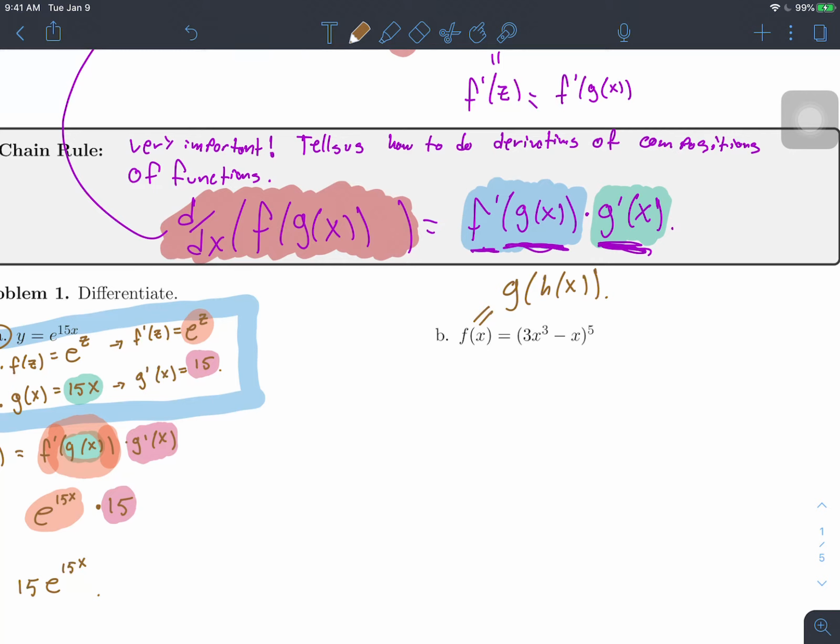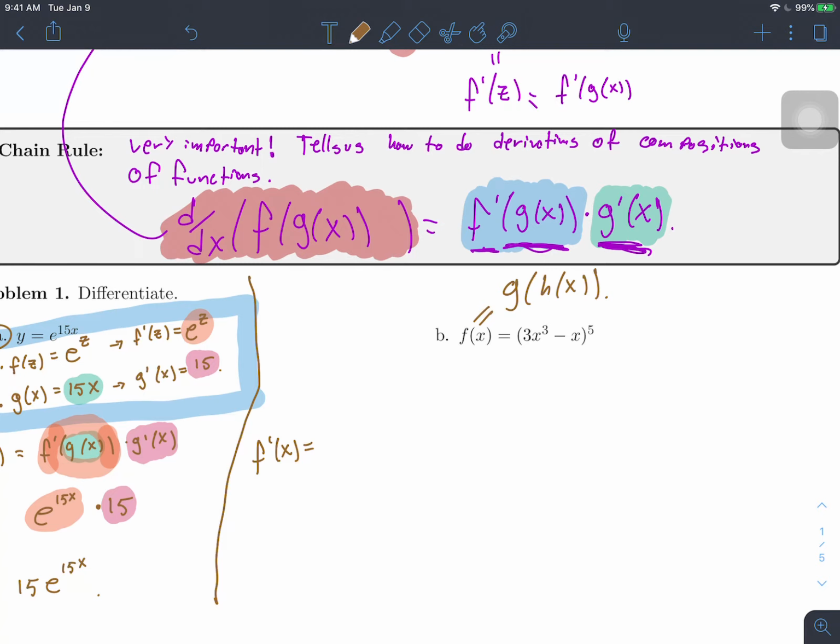So now if I want to find the derivative of f, I'm going to use this rule that's written in the gray box, except everywhere I see an f, I'm going to write a g, and everywhere I see a g, I'm going to write an h. Okay?